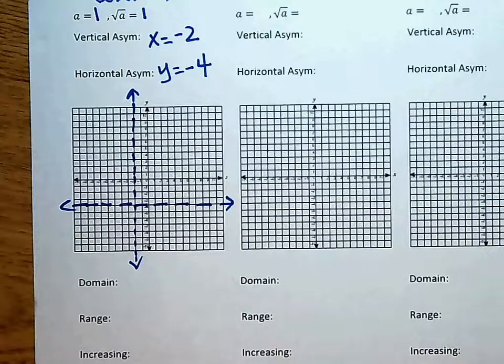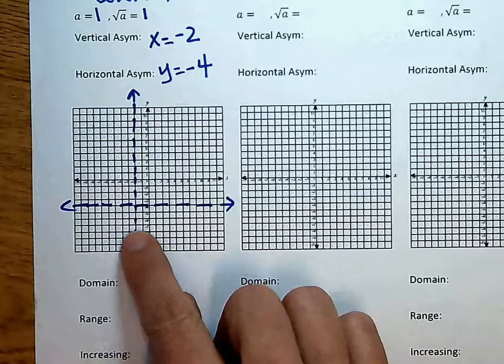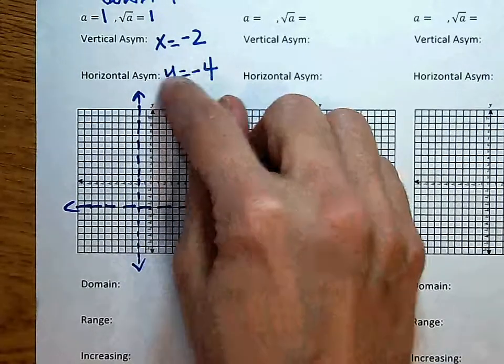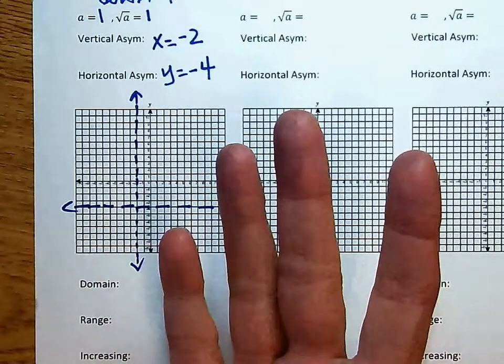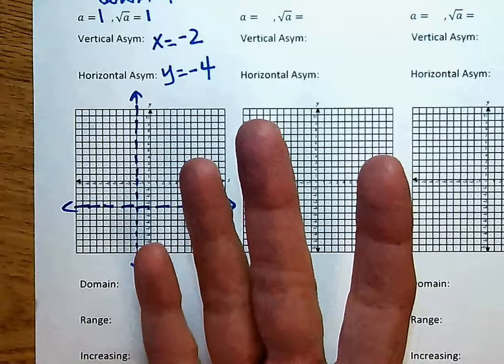Step 2 of this said to graph your corner points from the intersection of the asymptotes. Where did our asymptotes intersect on our parent graph? The parent graph was just the x and y axis, so it intersected at 0, 0, the origin, right?